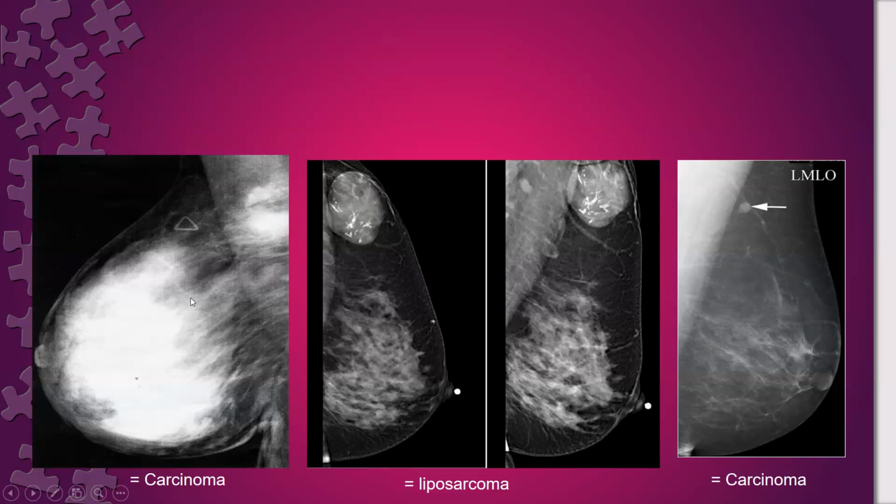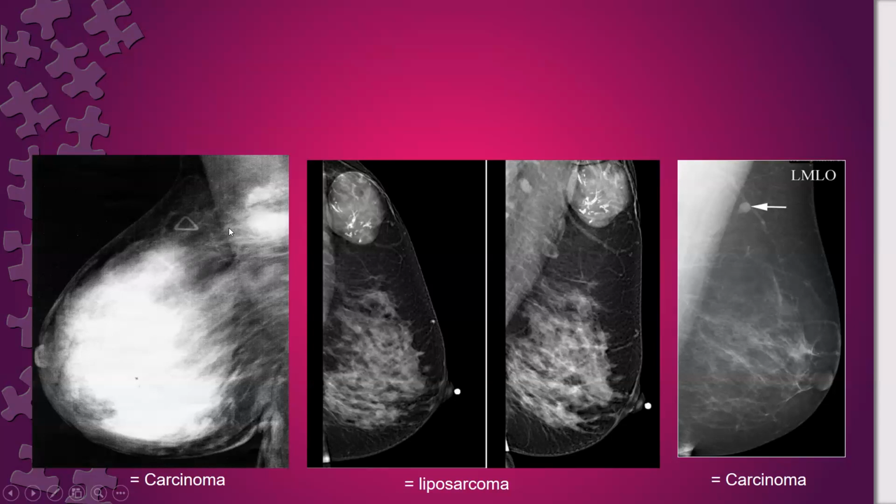So this is expected to be malignant, cancer. Cancer where? In the ectopic breast or the tail of Spence? Tail of Spence. Yes, this is tail of Spence parenchyma. Okay, cancer.